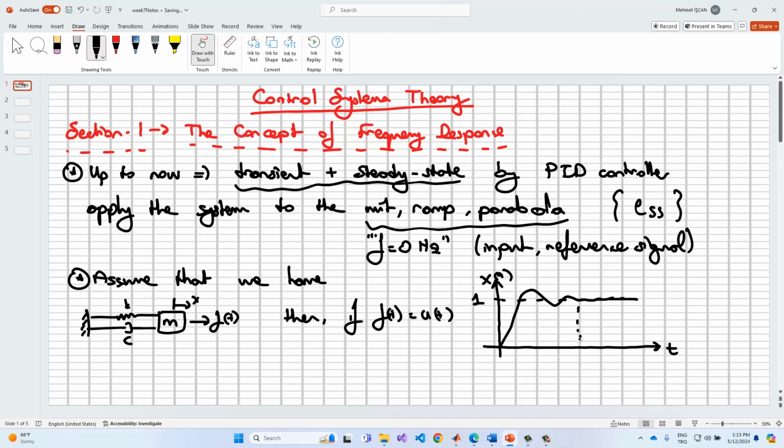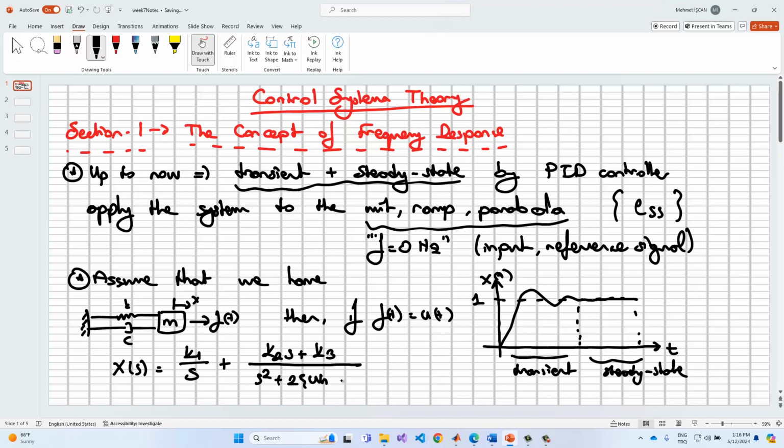And also we can say that this case is directly related to a transient response, but the other term is the steady state one, right? This is the condition of the second order system or the first order system. This response comes from the natural solution of the system, like X(s) can be rewritten as K1 divided by s plus (K2 s plus K3) divided by the second order approximation system.